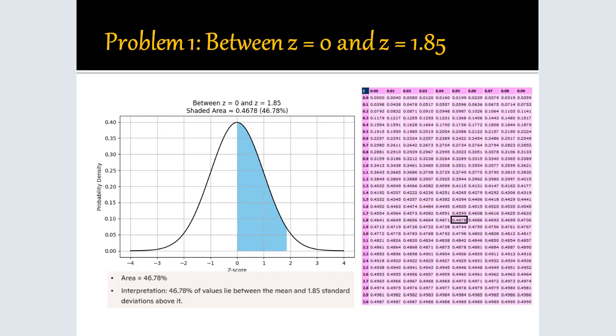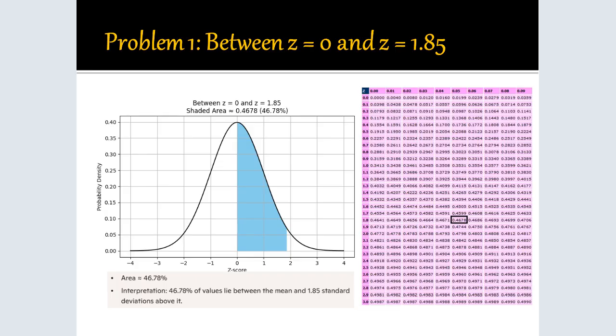On the z table, the area for 1.85 is equal to 0.4678. If we multiply it by 100, that will give us 46.78%, which means that 46.78% of values lie between the mean and 1.85 standard deviation above it.